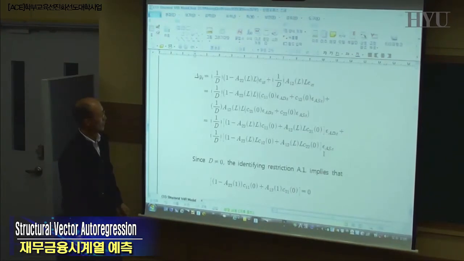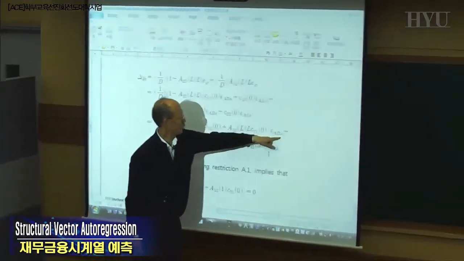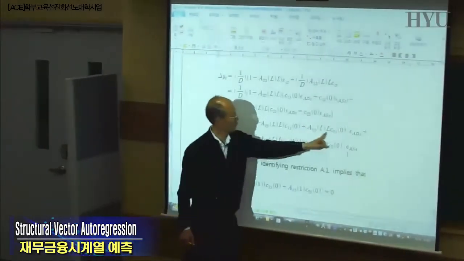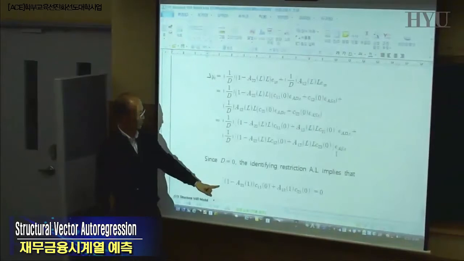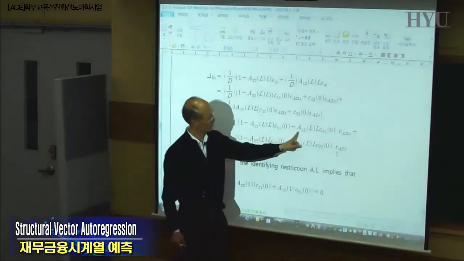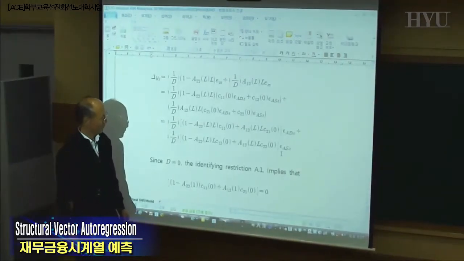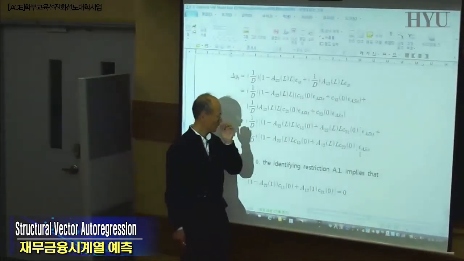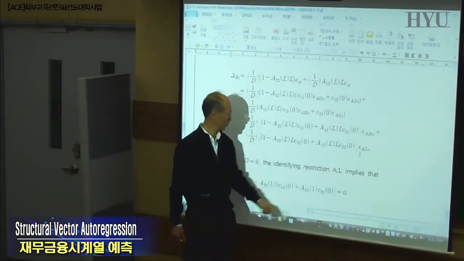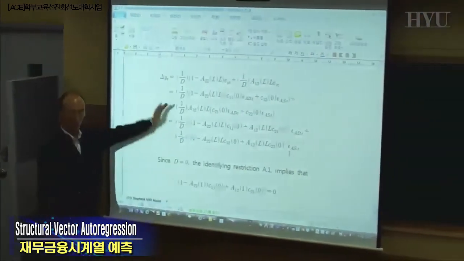So what has to hold here is, because AD shock has no permanent effect on YT, this part has to be 0, this one. So translating our identifying restriction A1 to this equation is the last puzzle of this problem.